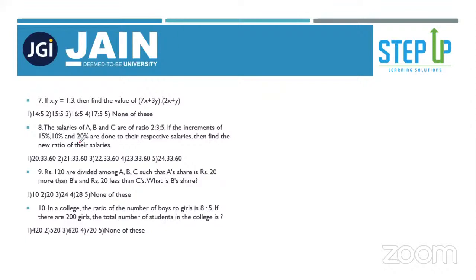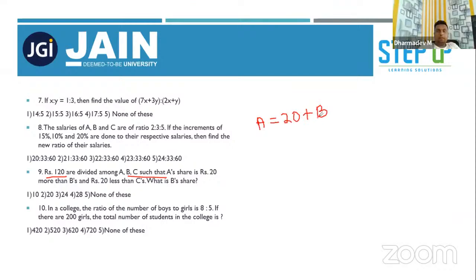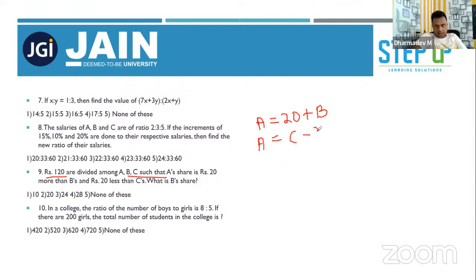Okay, rupees 120 are divided among A, B, C such that A's share is 20 more than B, and 20 less than C. I can write this as B plus 20 also, doesn't matter. 20 plus B or B plus 20.